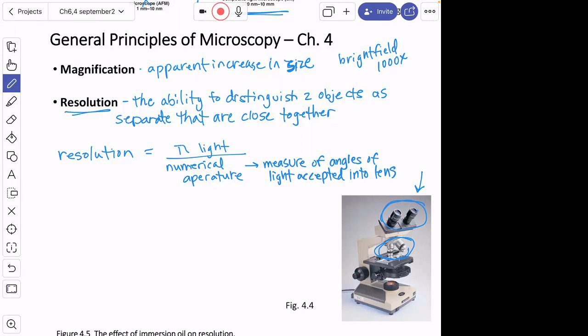But if you think about it, I want to get the best resolution that I can. Remember, good resolution is going to be a low number. Resolution, or resolving power, is actually a measure, a distance. We want it to be really small for it to be good. So if we want this to equal a low number, this is a fraction.